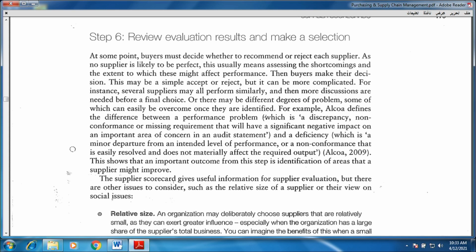We want to find if there are deficiencies, how we can correct them. If we have misleading information, we need also to assess them and correct them. We need to have their piece of knowledge really reflecting the reliability and the efficiency of these suppliers.